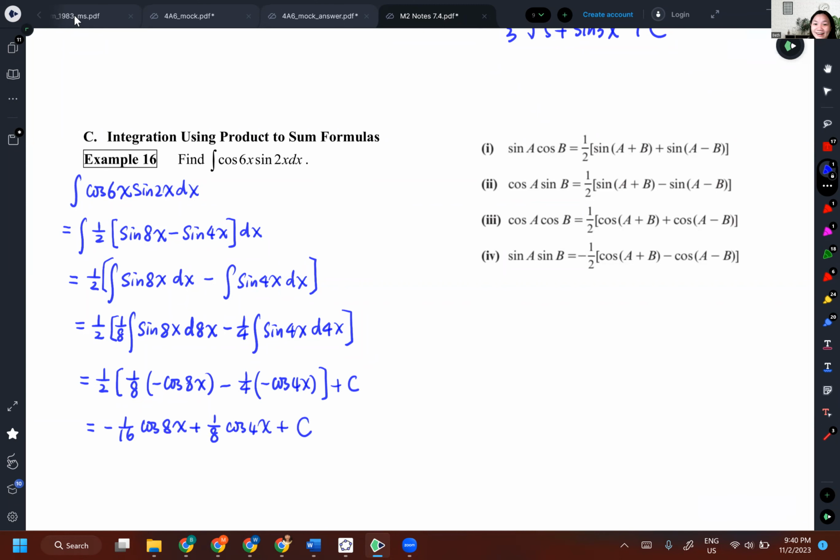It does take long though. Is that okay? Even though you can use the product to sum, to reduce the power, increase the angle, so that the power is reduced, and then you can integrate, even if you successfully do that, it still takes long.